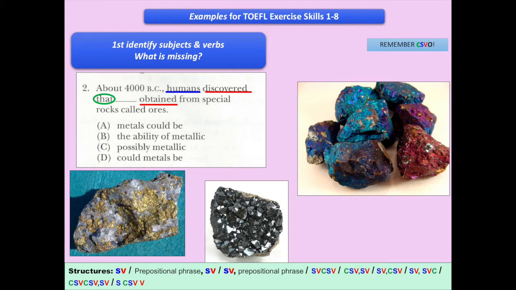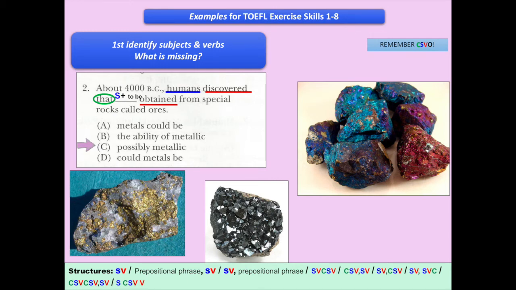And remember, skill 4, obtained, this past participle, could be an adjective or a verb with an auxiliary or in past simple. So let's also look for the auxiliary to be in our answer. Now let's look at the answers and eliminate the obviously wrong answers.